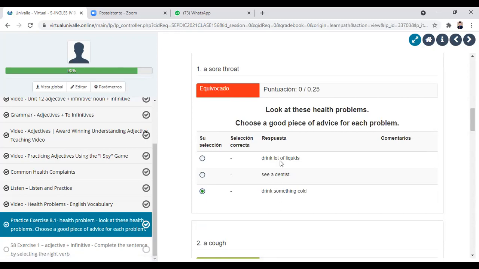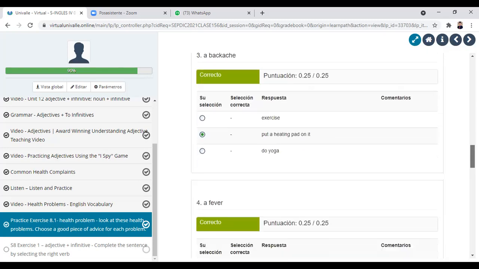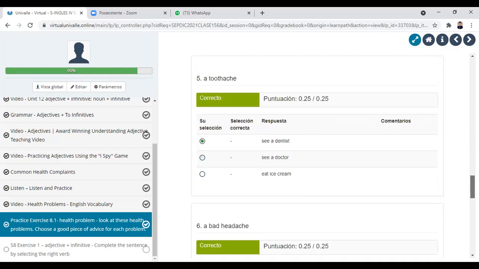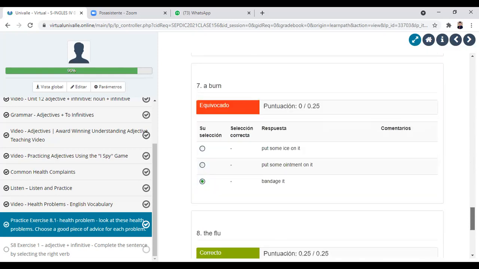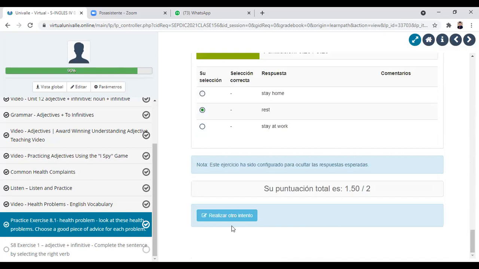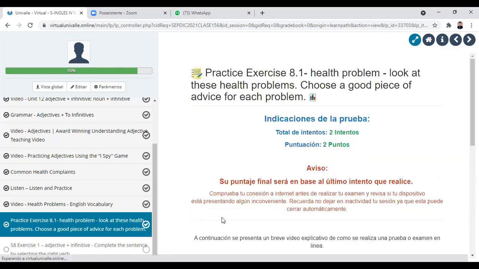And here is drink a lot of liquids. Okay. Drink a lot of liquids. That will be the answer for number 2 is correct. Number 3 is correct. 4, 5, 6. And here put some ointment on it. That will be the other one. Okay. And here we're going to make our second attempt just to reinforce.